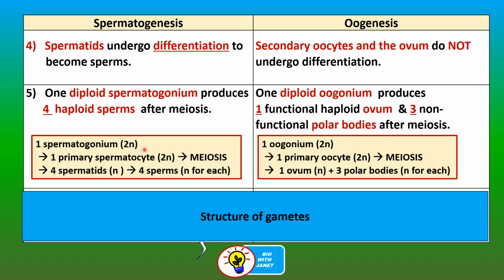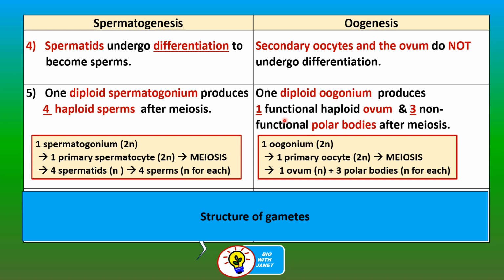The spermatogonium will develop to form one primary spermatocyte that is diploid, and then this primary spermatocyte will undergo meiosis 1 and 2 and finally produce 4 spermatids that differentiate to form 4 sperms. So from one parent cell, which is the spermatogonium or the primary spermatocyte, 4 sperms that are functional are produced at the end of the spermatogenesis process.